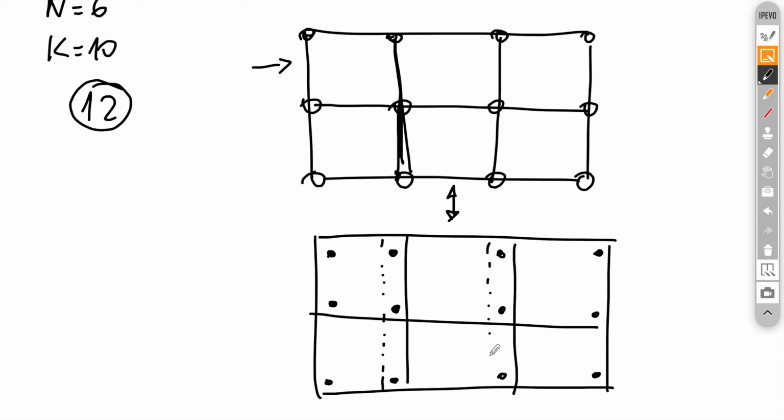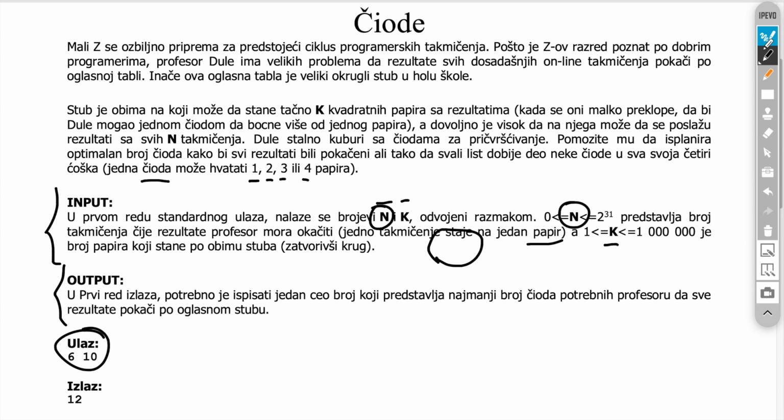With these overlapping sections, and you can ignore these areas here. Okay, let's look at another example.